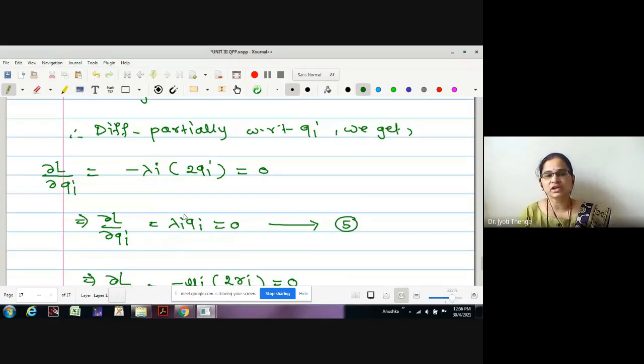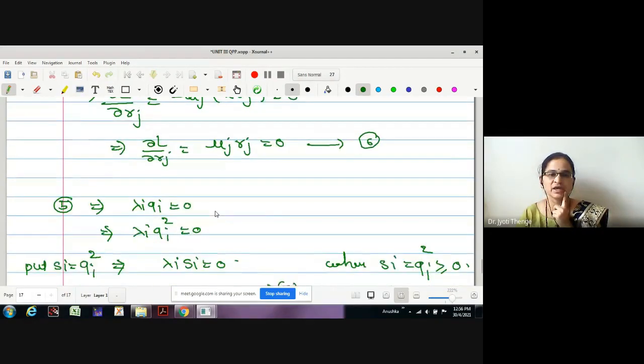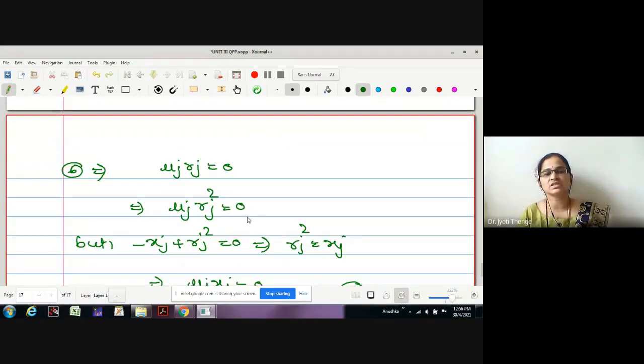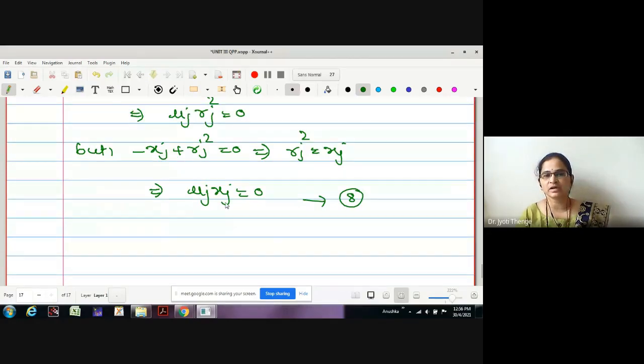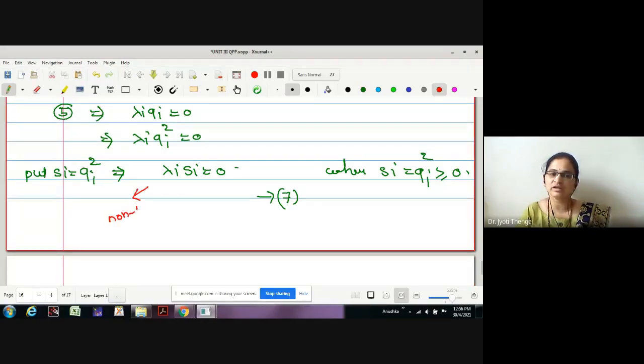Only the derivatives of this Lagrangian function L with respect to the added variables are not linear. Lambda I qi results into lambda si. This is a product of two variables, therefore this is not linear. Similarly, this is also a product of two variables. This is not linear. Therefore, except 7 and 8, all the equations are linear. Because this is a non-linear equation.